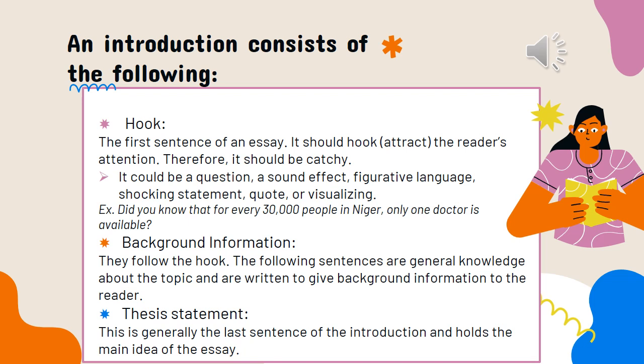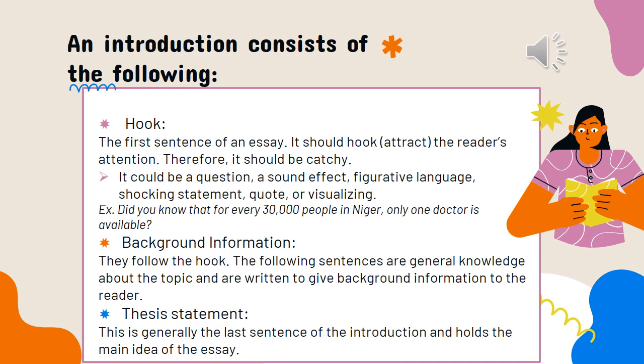So whatever my topic is, I give background general information about that topic for the reader to remember what this topic is about. And at the end of the introduction, which means after the hook and the background information, I should add my thesis statement.